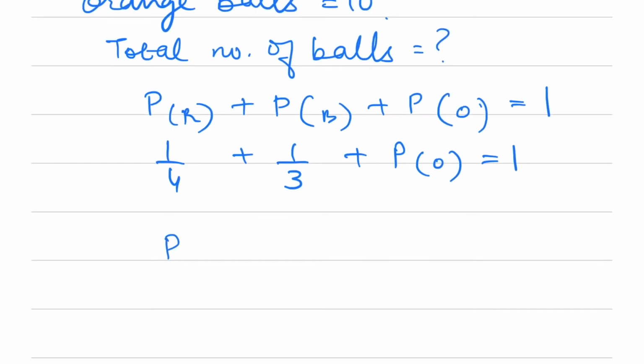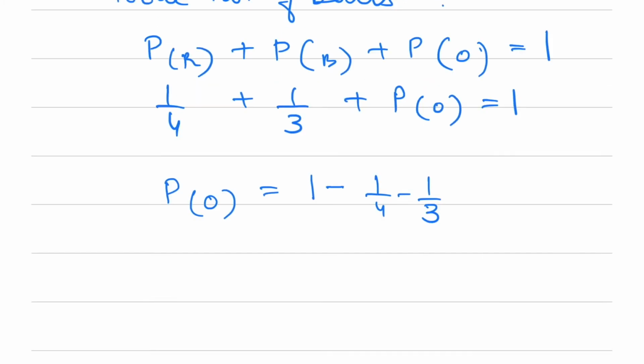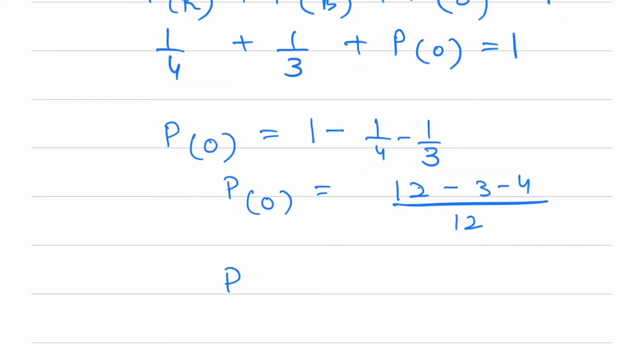So probability of getting an orange ball will be equal to 1 minus 1/4 minus 1/3, which is (12 minus 3 minus 4) by 12, so 12 minus 7, so 5/12.